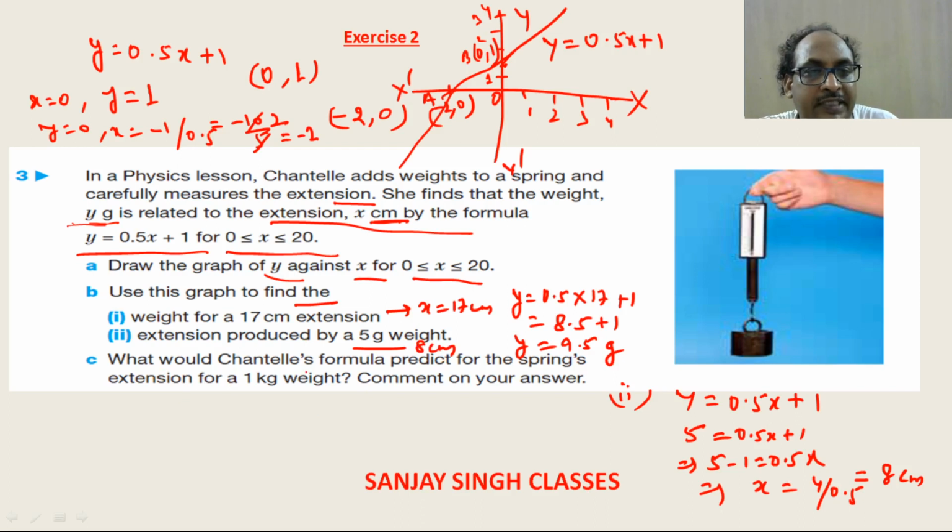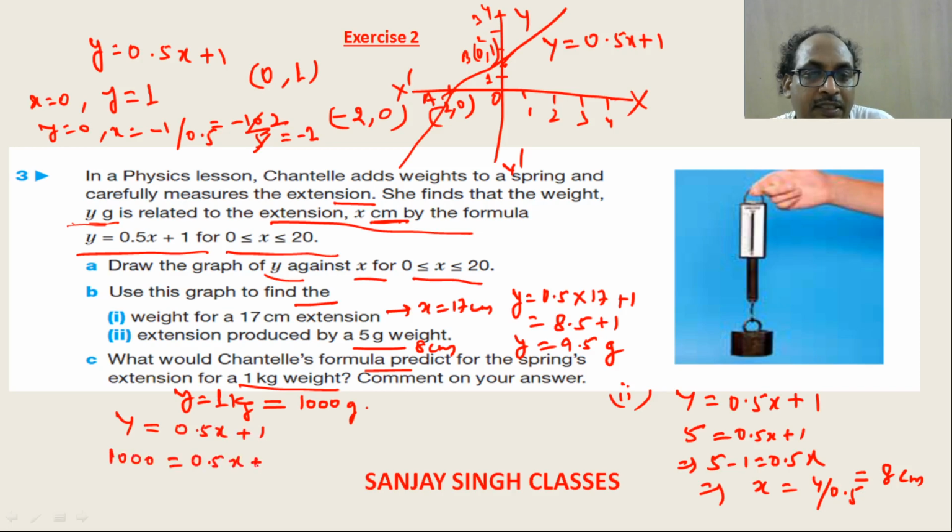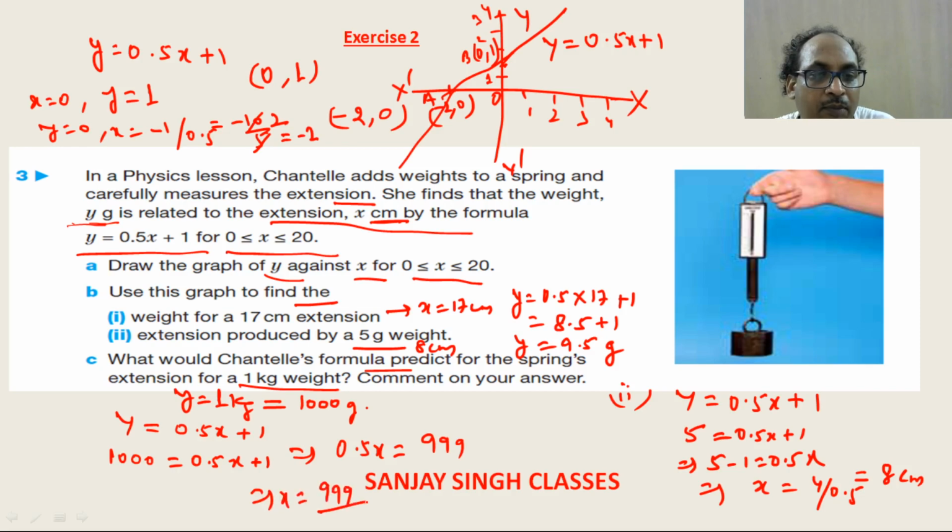Another thing: what would Chantel's formula predict for the spring's extension for a 1 kg weight? It means we are given y is equal to 1 kg, that is 1000 gram. So we will use y equal to 1000 gram in this formula. 1000 is equal to 0.5x plus 1, so 0.5x is equal to 1000 minus 1, that is 999, and x will be 999 by 0.5.